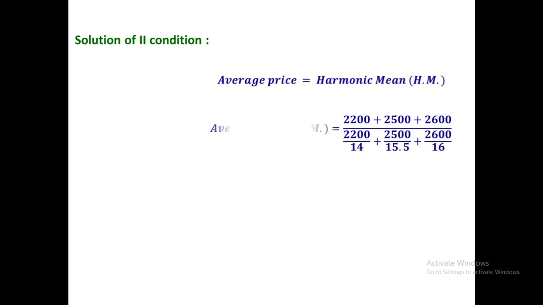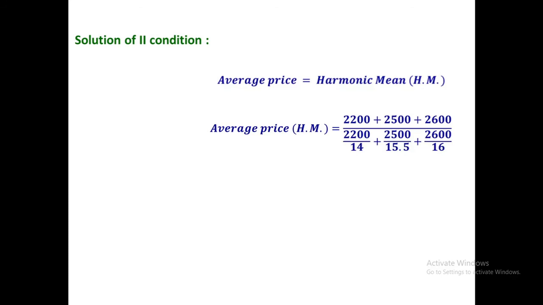Now we will take the second condition. Since the condition is given in terms of different amounts spent on petrol in 3 successive years, the weighted harmonic mean will be appropriate in this case. Or we can say the average petrol price will be equal to the harmonic mean in condition 2.